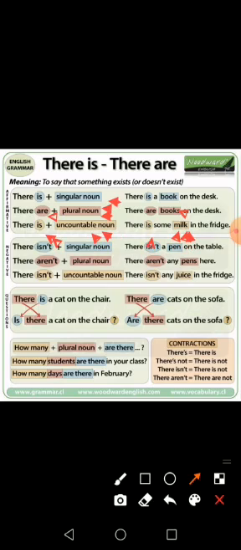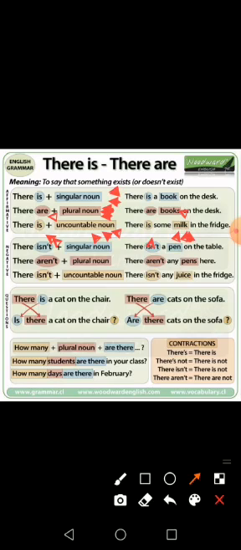We talked about uncountable nouns last lesson. So we use is with singular nouns, we use are with plural nouns, and we use is also with uncountable nouns. We use is with singular nouns like book, teacher, table, door.